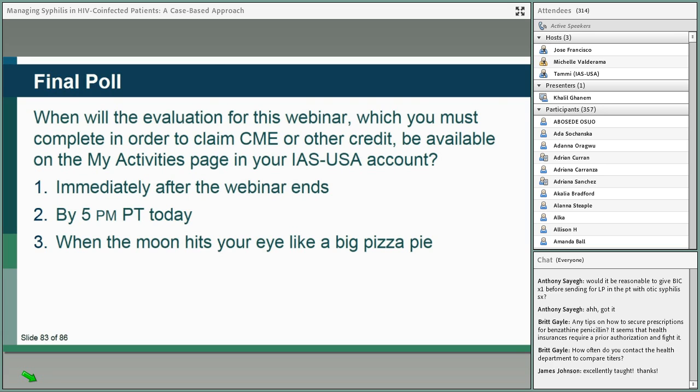So, is it possible to have neurosyphilis in the early primary stage before the organism has become systemic? Absolutely. Neurosyphilis can occur even before primary syphilis. Otic syphilis can occur even before primary syphilis. So when I say ocular, otic, and neurosyphilis can occur during any stage of the infection, I'm telling you the truth.